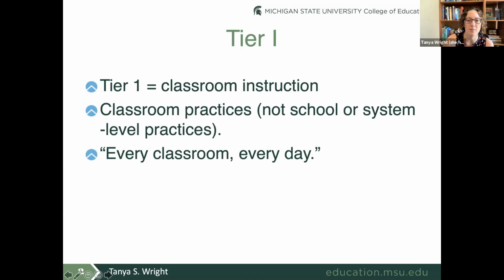They're not system level practices. And they're also not focused on intervention or practices that only some children who need support are going to receive. So you've seen, hopefully, the logo at this point, every classroom, every day. But we really looked at the research for instructional practices that have been shown to be effective for classroom instruction with the classroom teachers.